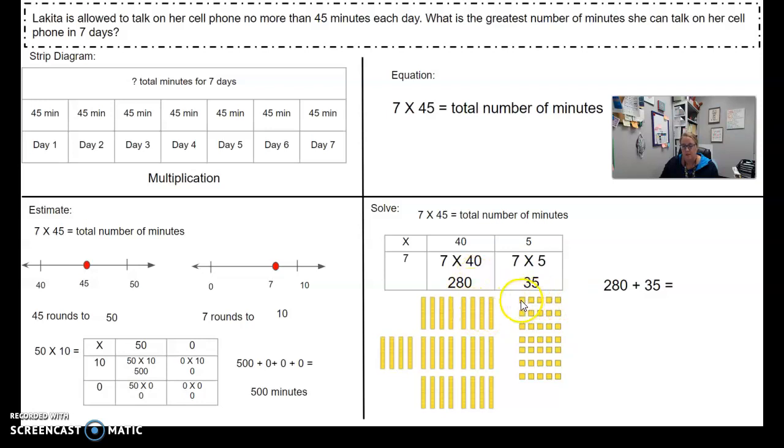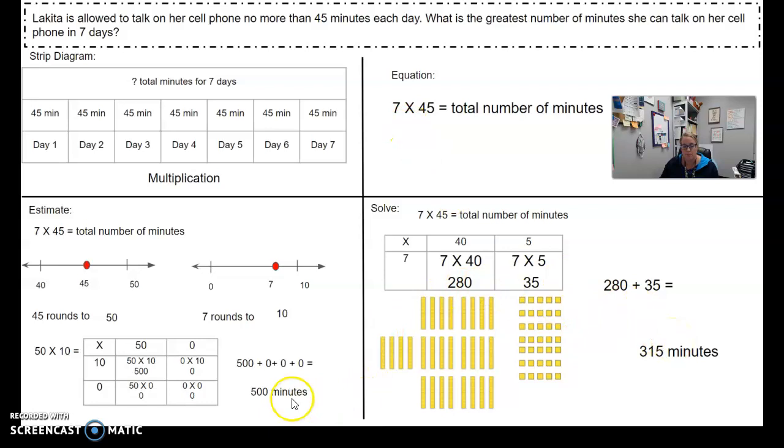So 280, 285, 290, 295, 300, 305, 310, 315. So I know whenever I'm adding 280 plus 35, I'm going to get 315. So that means that she is able to talk for a total of 315 minutes.